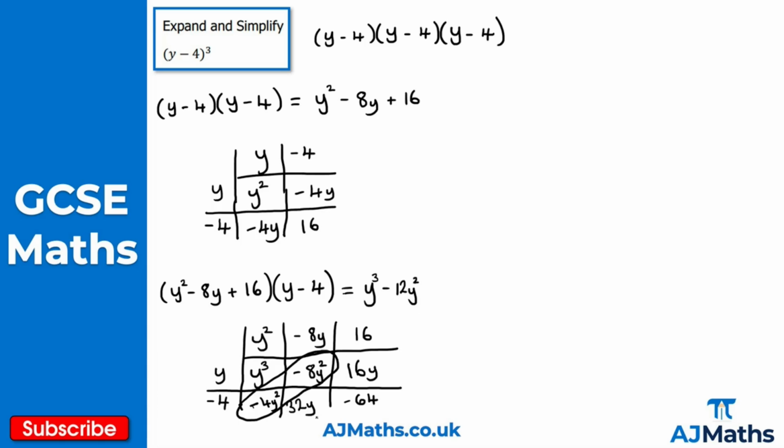We then got 32y plus 16y here, which gives me 48y, and then finally, minus 64. And there we have it. So that's our solution. If we expand and simplify these three brackets, we get this cubic here. And that gives us the solution to question 2.